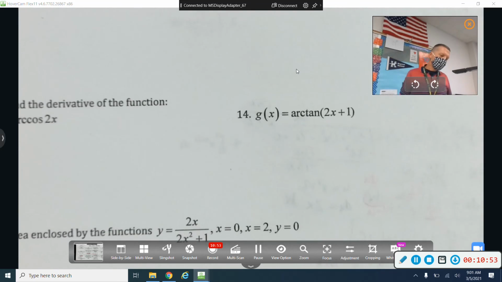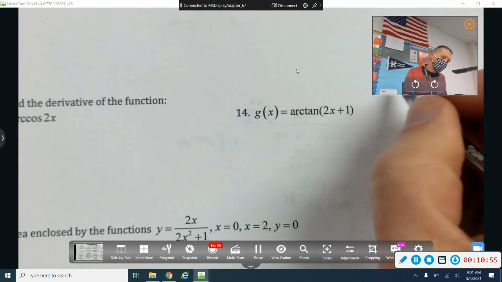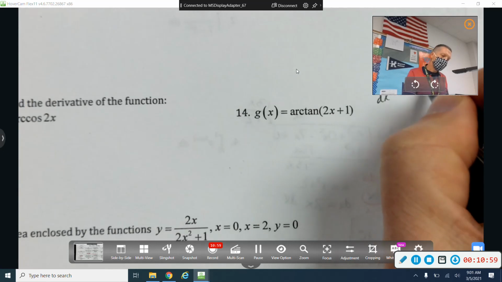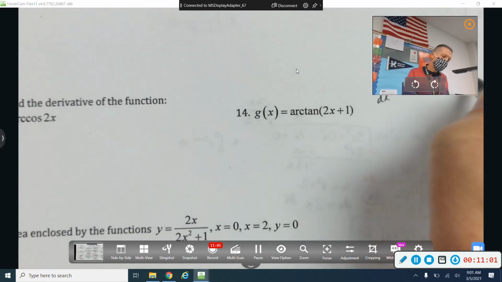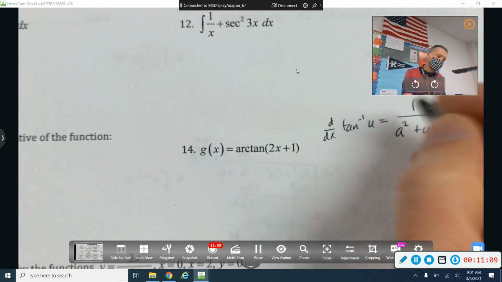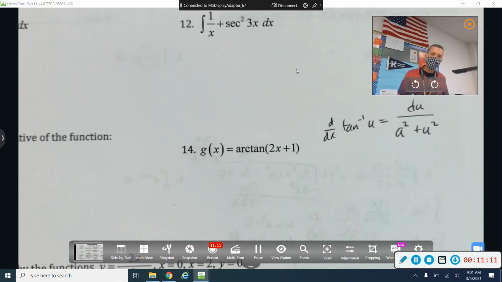14. So derivative of tangent, I can remember the rule here without looking it up, is, I know it's in the bottom, it's a squared plus u squared, and then the du for the chain rule. So sine and cosine have the square root and a minus sign, so they're more complicated.